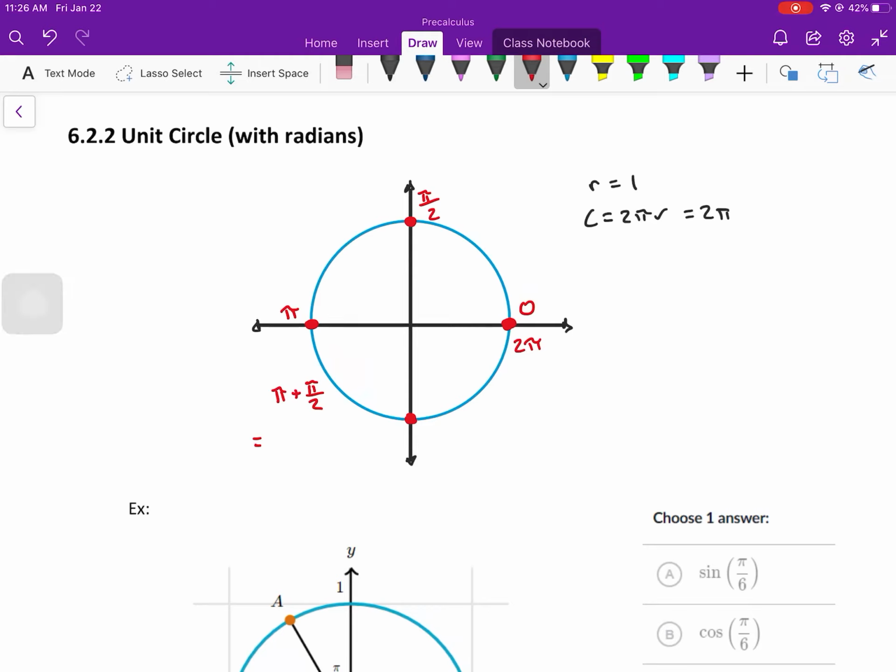We get our common denominator, 2 pi over 2 plus pi over 2, which equals 3 pi over 2. I like to think of it as taking this half circle and adding to it the quarter circle to get there. So we're adding the pi over 2 to it.